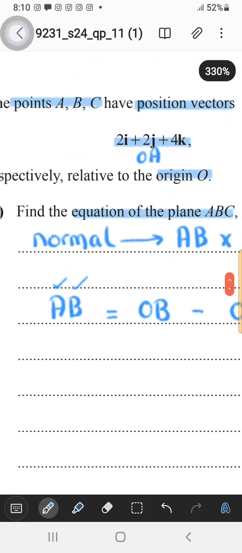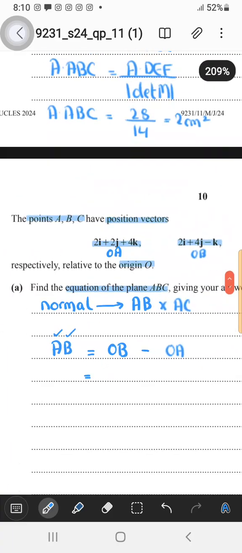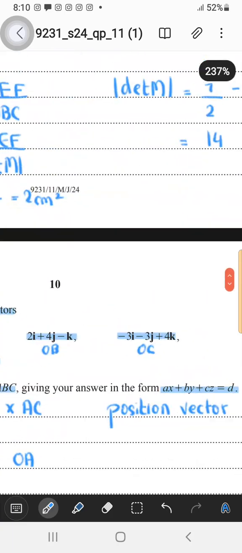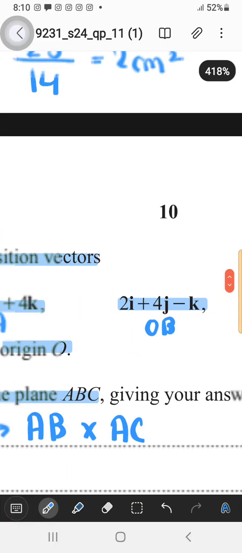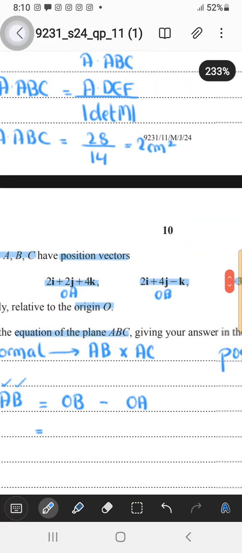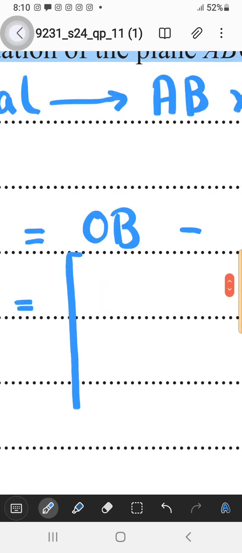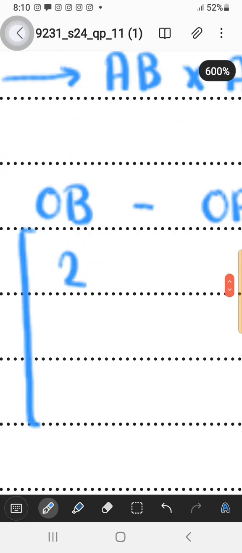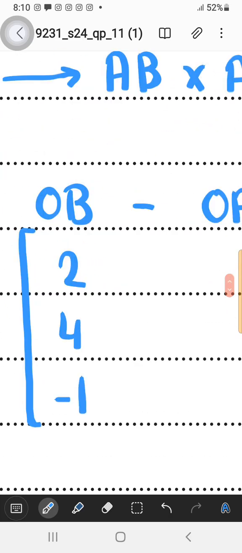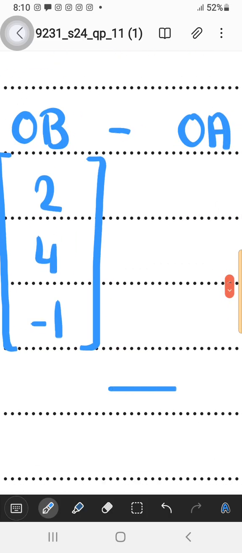Now OB is written as 2i plus 4j minus k. I can write it as 2, 4, minus 1. Instead of writing horizontally, I am writing it vertically.